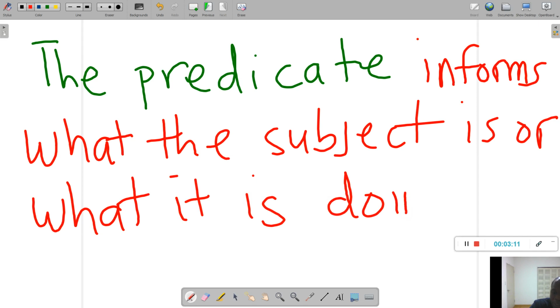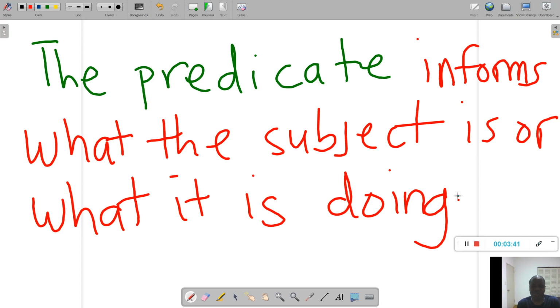Very important. Let's go through it one more time so that we get our points right. The predicate informs what the subject is. It tells us what the subject is. Alternatively, the predicate is what the subject is doing.